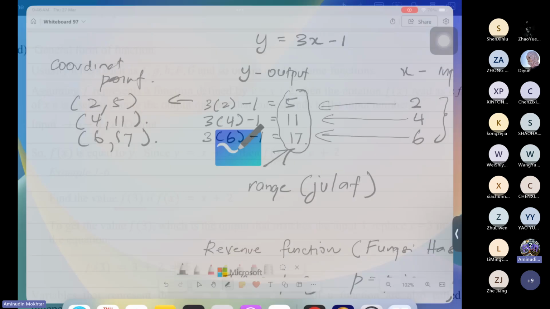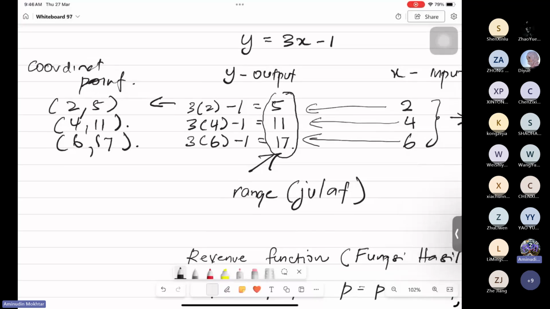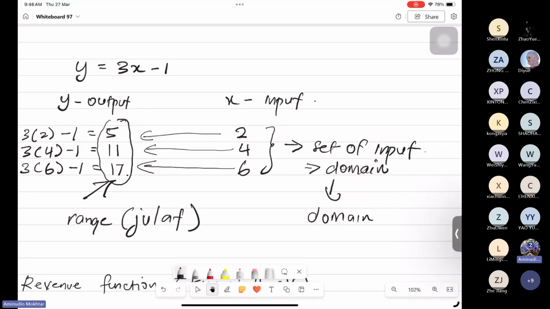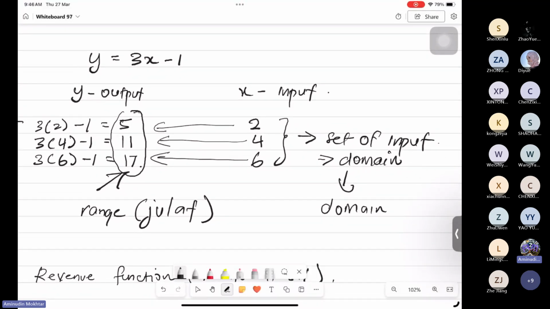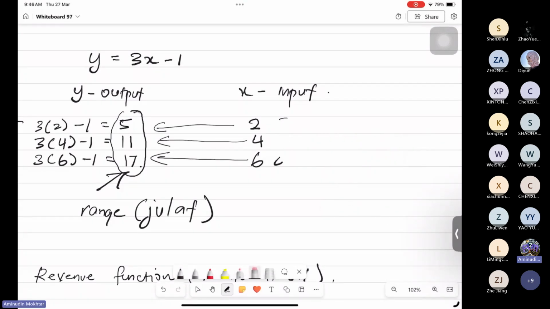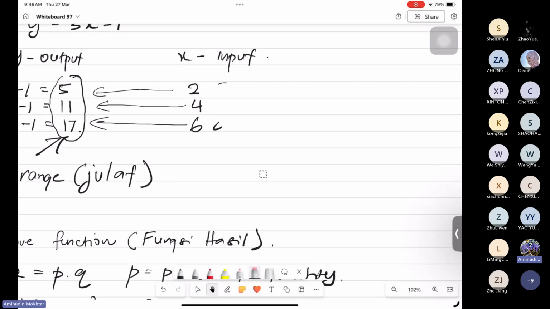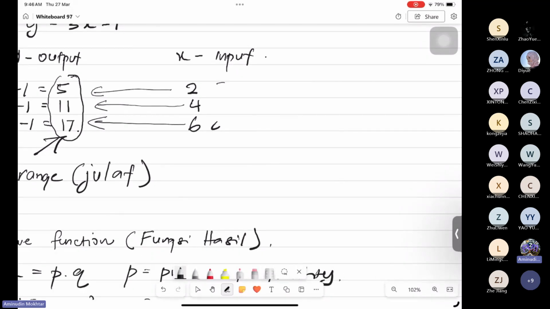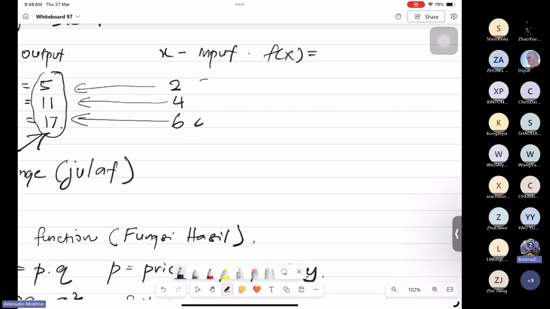For example, let's say I refer to this example. Let's say I would like to write like this: f(x) equal to 3x minus 1.